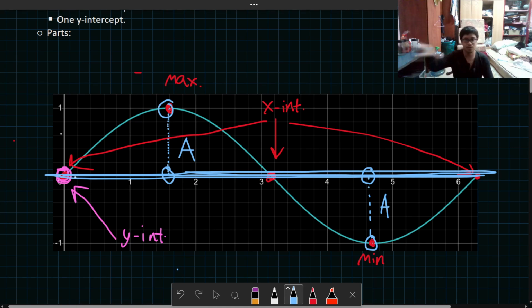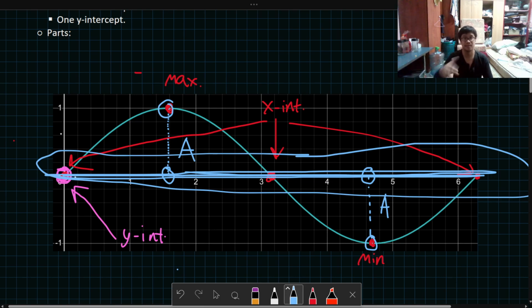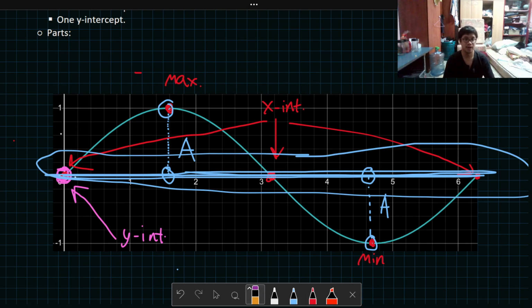So the one that I drew here, this one, is what you call the midline. That horizontal line that I just drew that shows the middle part of the sine graph, that is the midline. So yes, these are the parts of trigonometric functions.